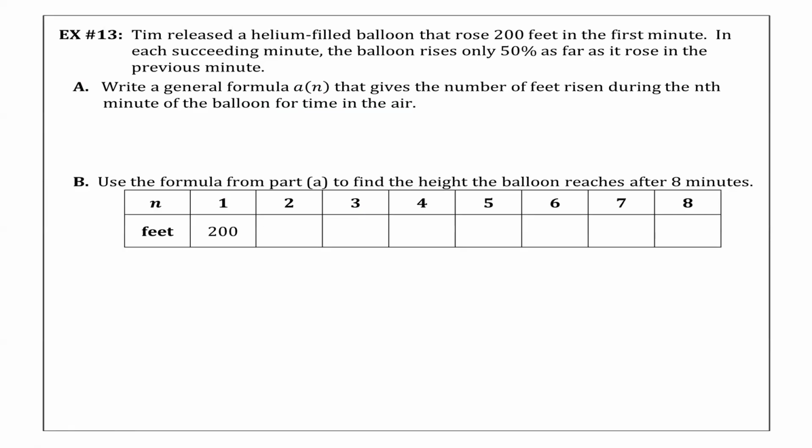Write a general formula, a sub n, that gives the number of feet risen during the nth minute of the balloon's time in the air. Okay, so we're looking for how much it's risen, not the height of the balloon.